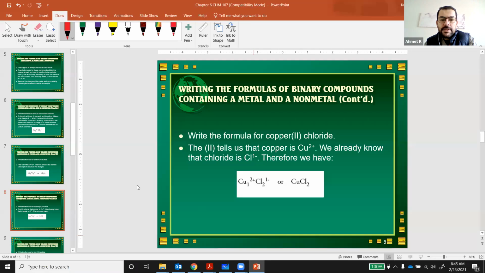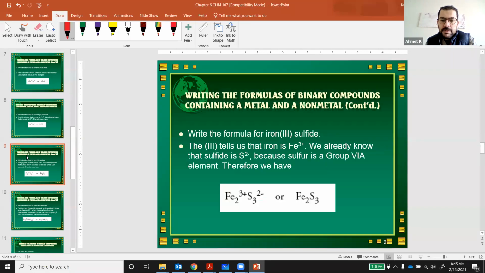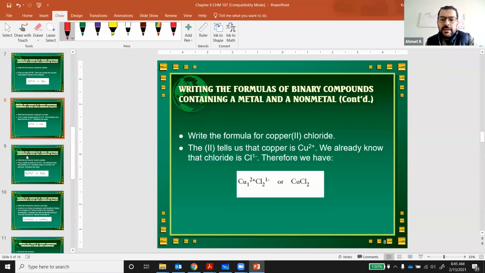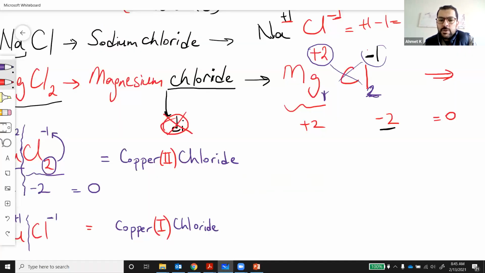Okay, so let's do some exercise with transition metals. Let's write F2S3. What is the name of F2S3? How would you name this?